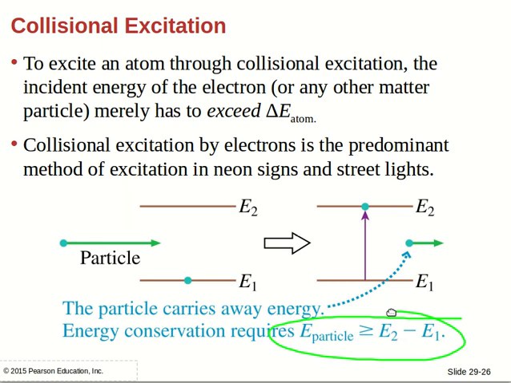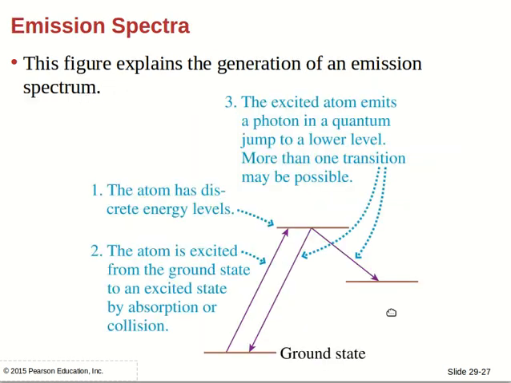So the energy of the particle will be greater than or equal to the energy difference, and it will go off with kinetic energy representing the balance of energy that it had, part of which was used to promote the atom to an excited higher state, and part of it in terms of kinetic energy, both of that particle and, it turns out, of the atom that it hits, because momentum and energy are also conserved in that collision. So it can also impart some kinetic energy to the atom that was hit as well.